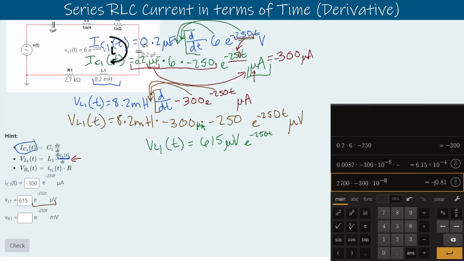And that gets us negative 0.81. That is negative for each of these, so make sure you plug in your negative at the beginning. Don't miss your negative. The inductor voltage was the only one that isn't negative because it has two negatives in it. This one should be negative because we're only multiplying one across. So this is a negative. We want to put it in millivolts. We have to move this over to 810 to get that into millivolts.